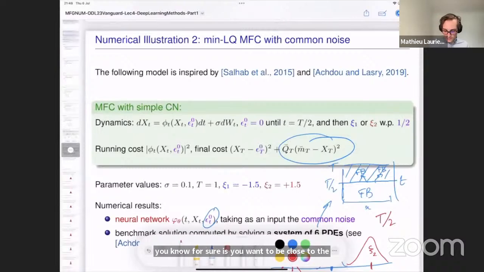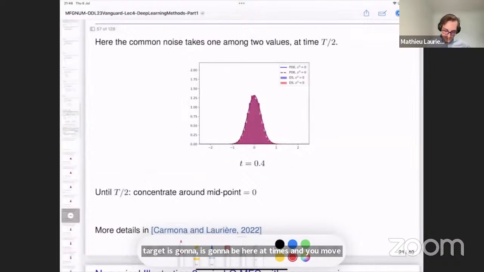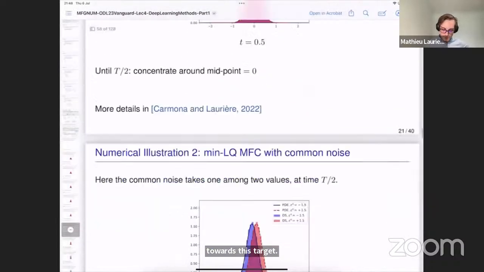But the other thing that you don't know for sure is you want to be close to the target that will remain, right? So this one you don't know. So what you do at the beginning is you just concentrate more and more to be closer to the mean. And then when you know which target is going to be here at terminal time, then you move towards this target. So that's exactly what we see here, concentration.